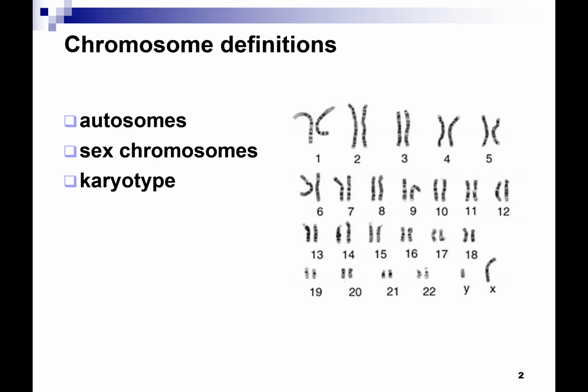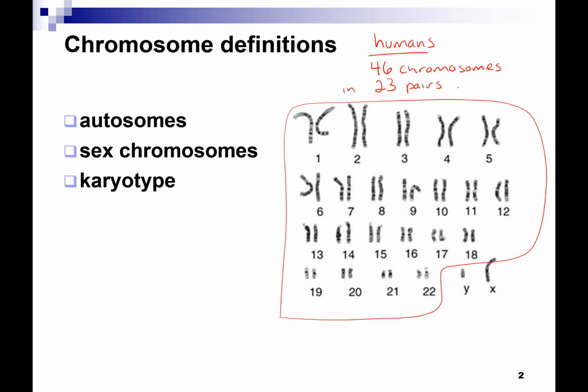Let's remind you about chromosomes. So we are going to be focusing on mitosis, meiosis, and genetics of humans. So humans have 46 chromosomes in 23 pairs, and pairs 1 through 22 are called your autosomes, which are just your regular old chromosomes.